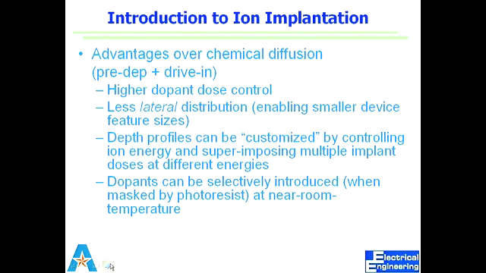Of course, there will be collisions, and that's what causes them to come to rest at a certain depth. But much more of the travel is vertical than lateral in this case. And we can control the profile by controlling energy and doing multiple implants at different energies.